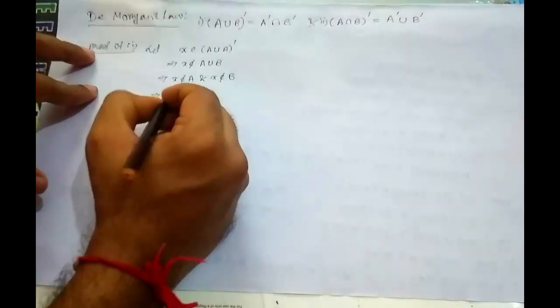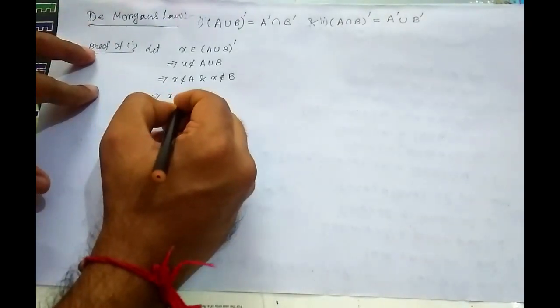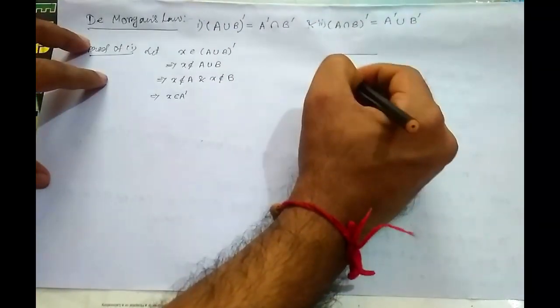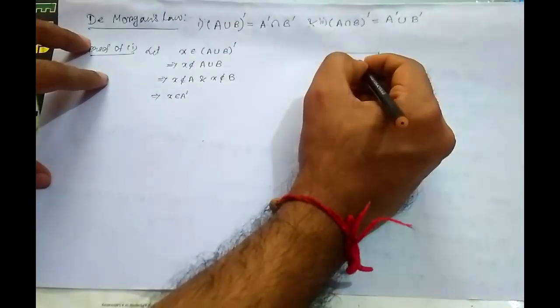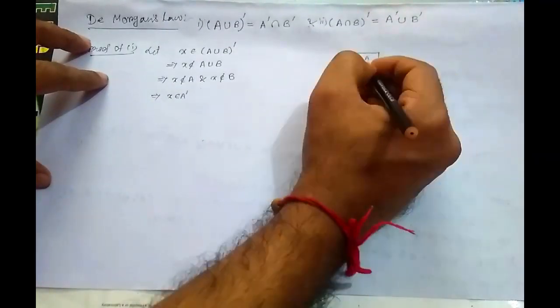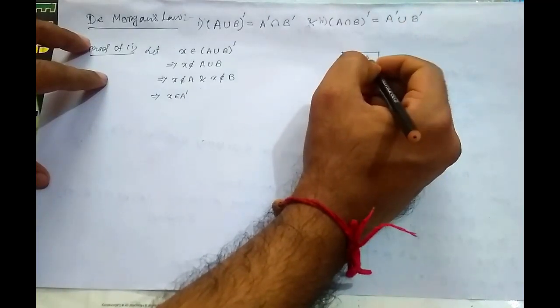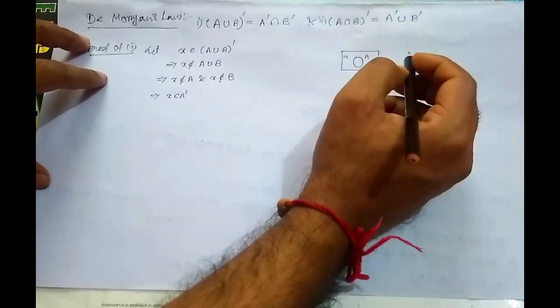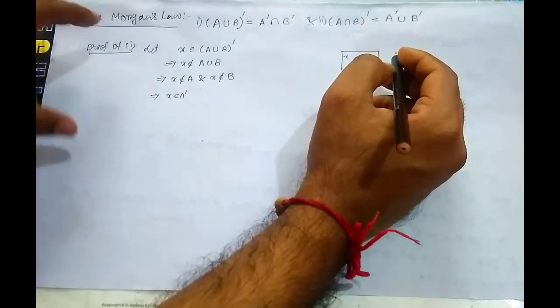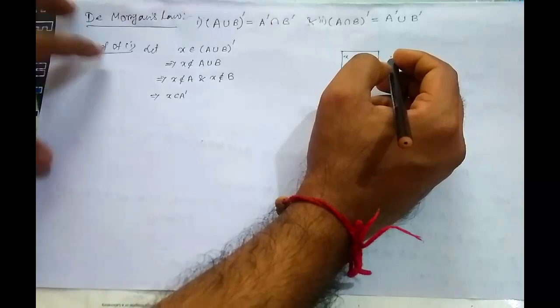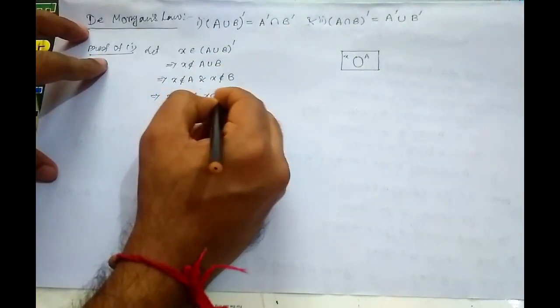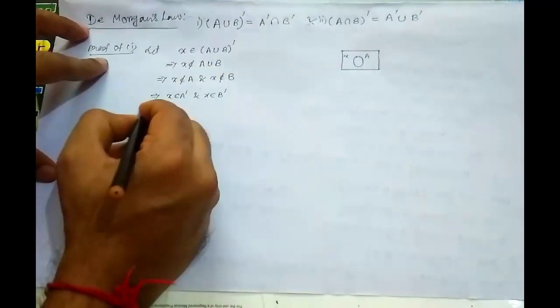Okay, this implies that X belongs to A complement, because this is A, so if X does not belong to A, then X belongs to X minus A, and that is A complement. Okay, and similarly X belongs to B complement.